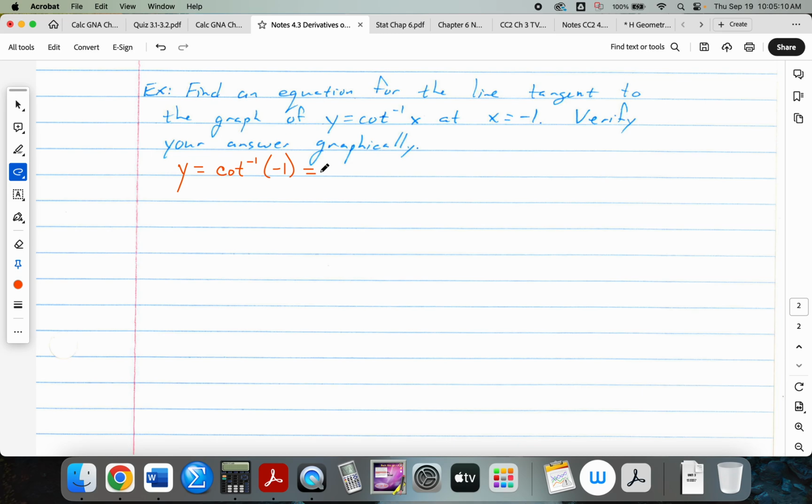Okay, so it is in the second quadrant. So that's going to be 3 pi over 4. So I know that my point has coordinates -1, 3 pi over 4.